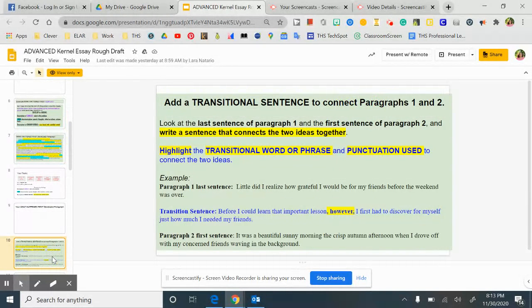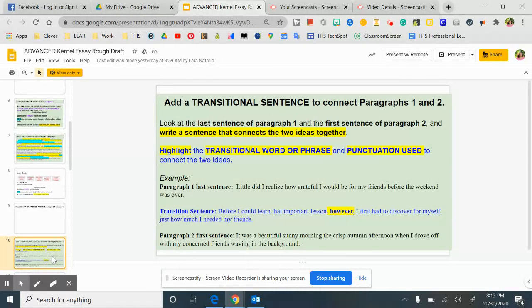You're going to continue after that by adding, after those first two paragraphs, at least the last sentence of paragraph one and the first sentence of paragraph two, a transitional sentence that connects the two ideas together. So you're going to highlight the transitional words or phrases and punctuation used to connect the two ideas.